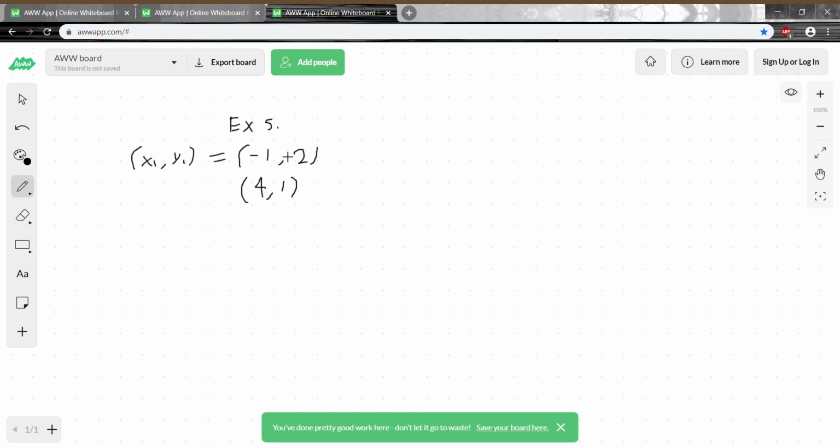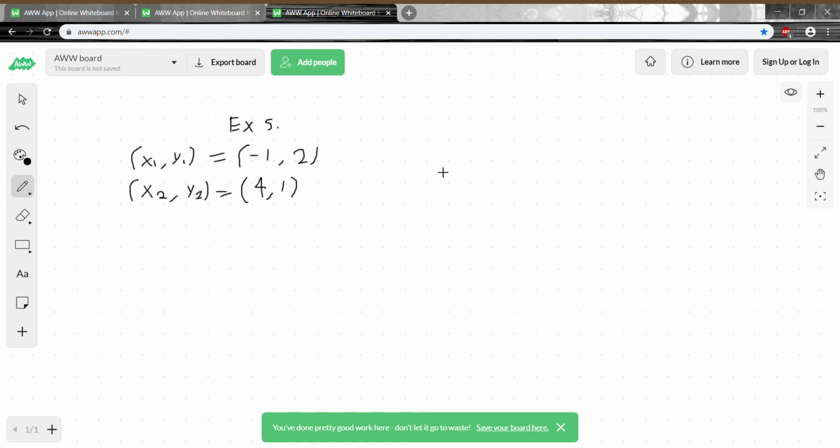Given two sets of coordinates, we can find the slope. And we did that in 10.2, I believe. It may have been 10.1, I can't remember. Let's go ahead and define this one as x2, y2.